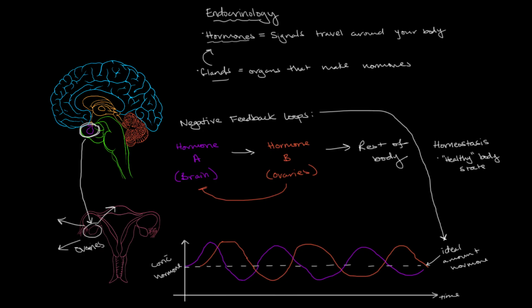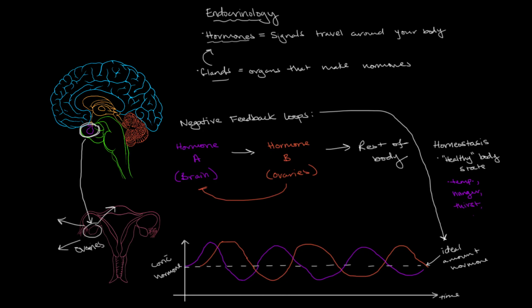If you think about this, you can probably imagine there's an ideal state for your body to be in terms of things like temperature, right? So you don't want to be too hot or too cold. Same for hunger, right? You don't want to be too full or too hungry. Same for thirst, right?